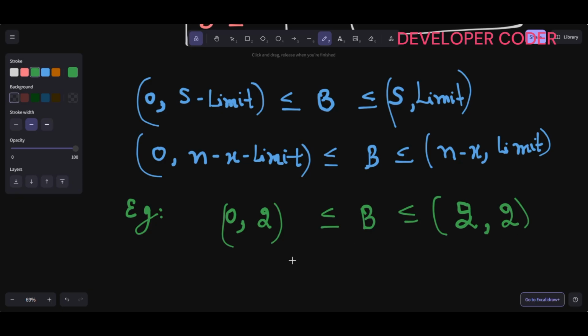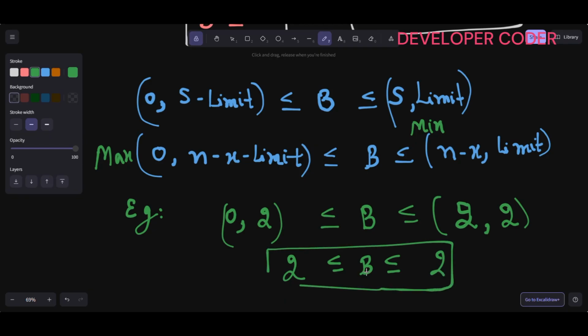So from the lower side let's take the max value, and from the upper side let's take the min value. The max value is 2, and the min value is 2, so we can just take 2 here because the value is inclusive.